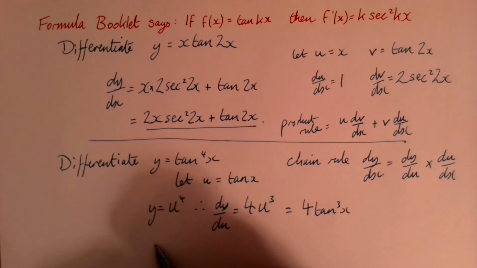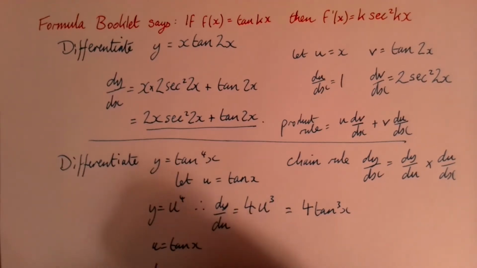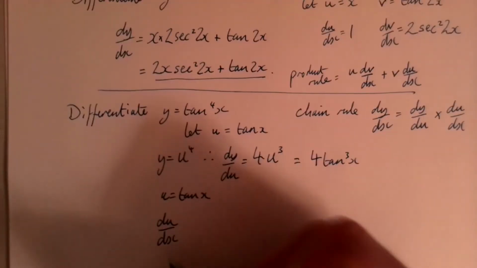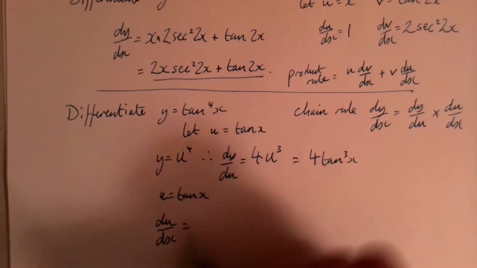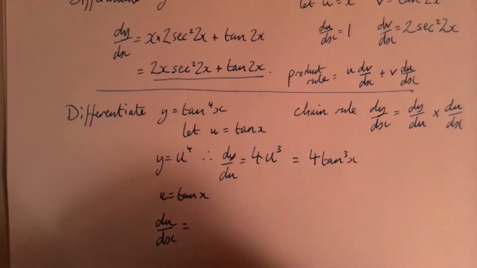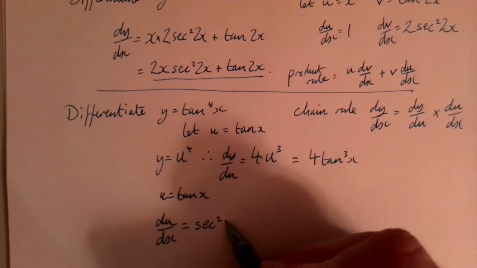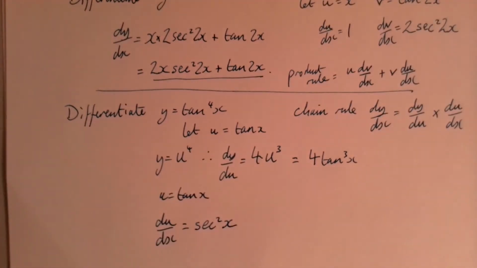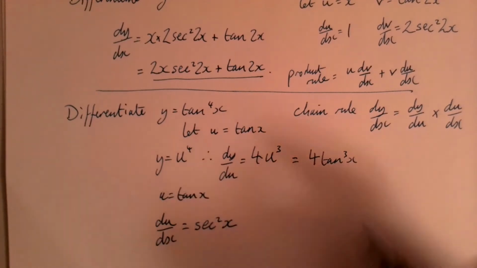And our du dx is going to be, so u equals tan x, so our du by dx comes about from the fact that we've just gone through this whole thing, haven't we, with tan x being sec squared x, and therefore the chain rule, we've got to multiply these two together, haven't we?